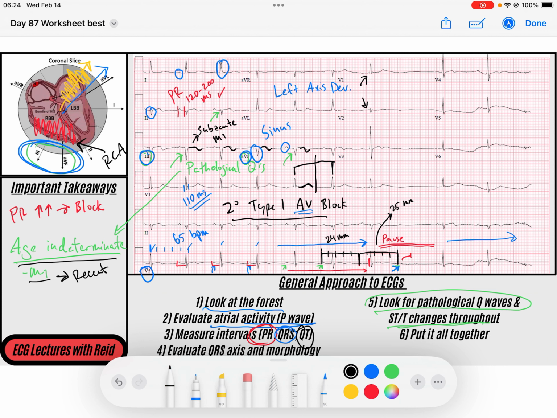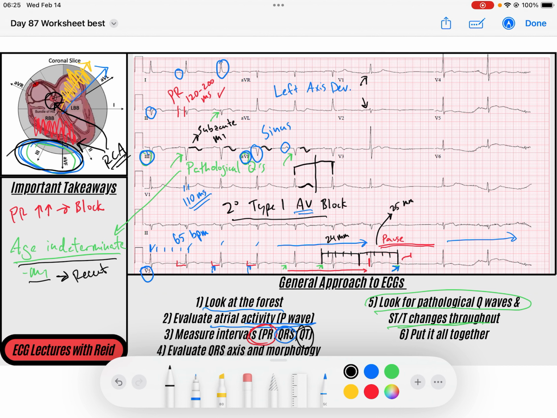That right coronary artery also supplies the AV node with blood supply. So if you had a right coronary artery occlusion, which we might be seeing here, you would have some inferior ST changes. And potentially, if it's proximal enough, you could have AV node block.